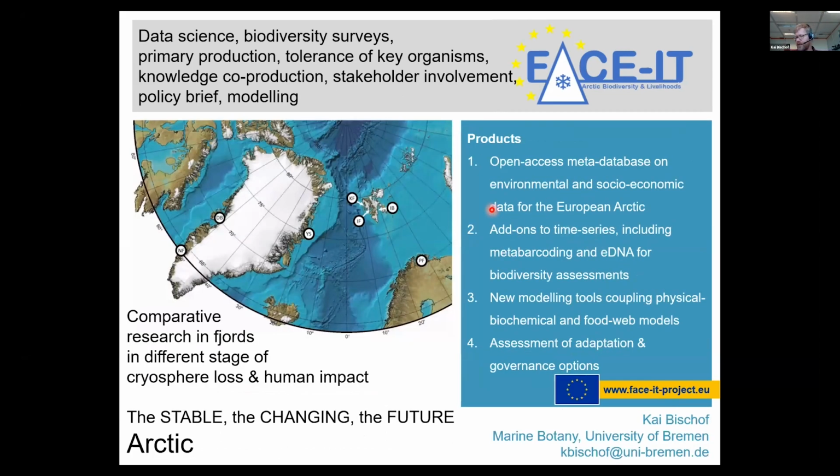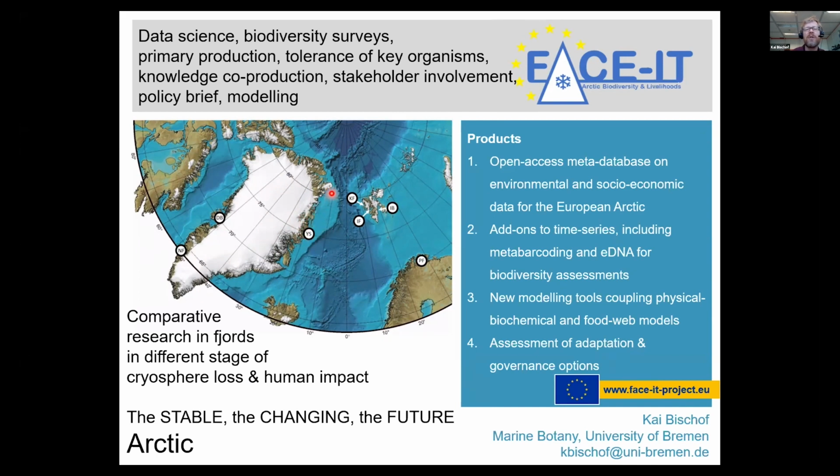What we are doing is we are comparing different fjord systems throughout the Arctic. We have 7 model fjords, and we want to study fjords which we consider to be still in a healthy, high Arctic stage. This would be Young Sound, so this would represent to us the stable Arctic.